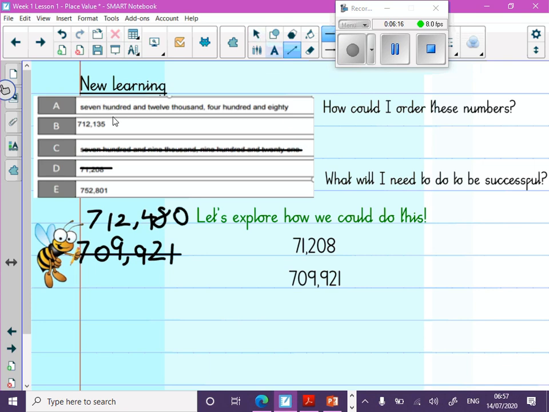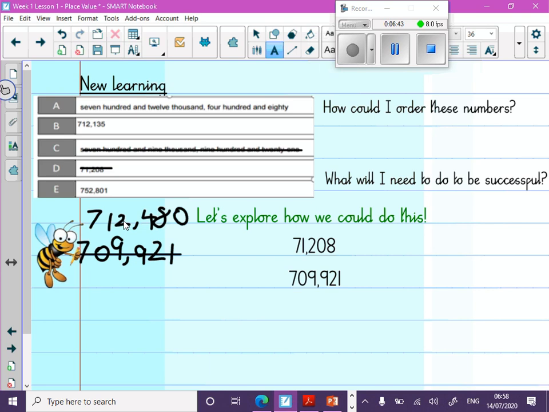So I've got 3 numbers left. I have 712,480, which we've rewritten here in digits, 712,135, and 752,801. Now, if I look at these 2 numbers here, A and B, they have the same amount of 100,000s, same amount of 10,000s, and the same amount of 1,000s.